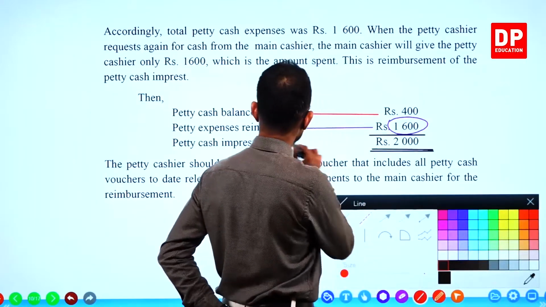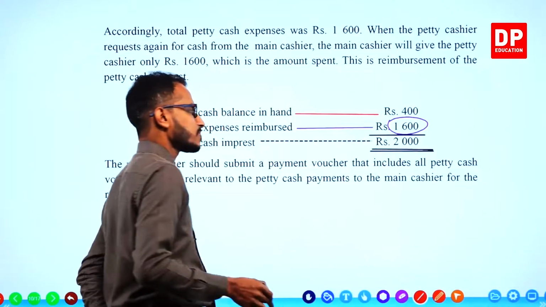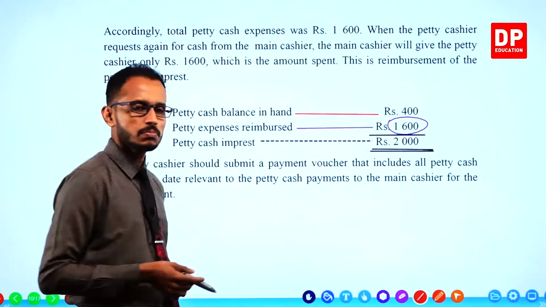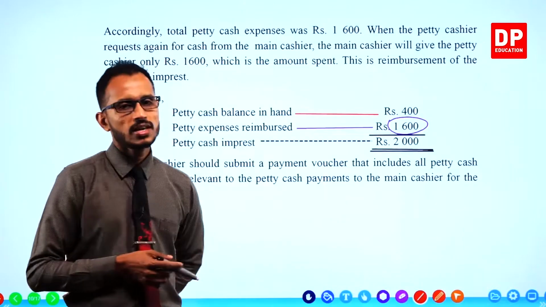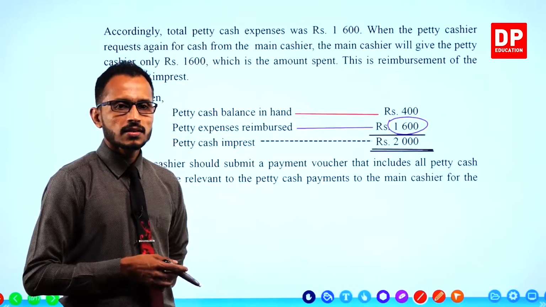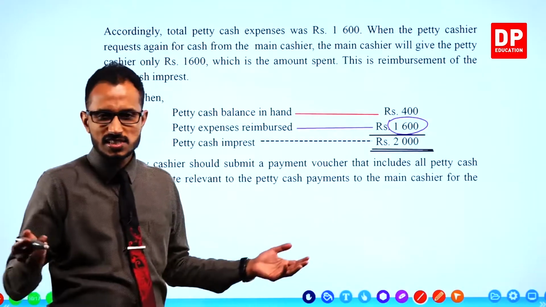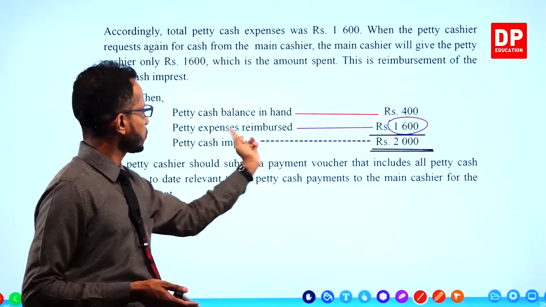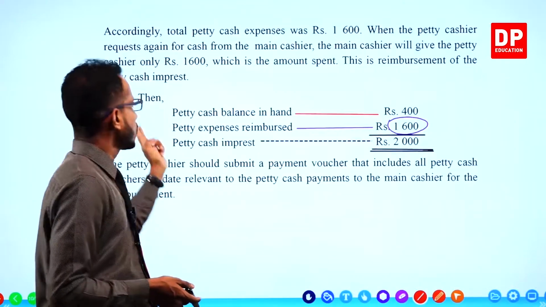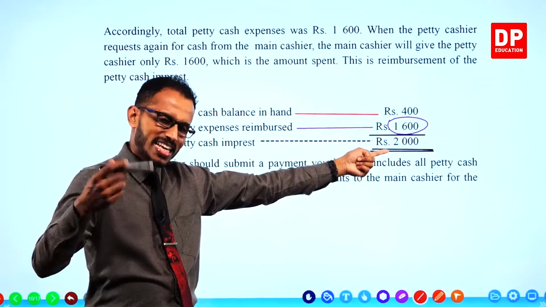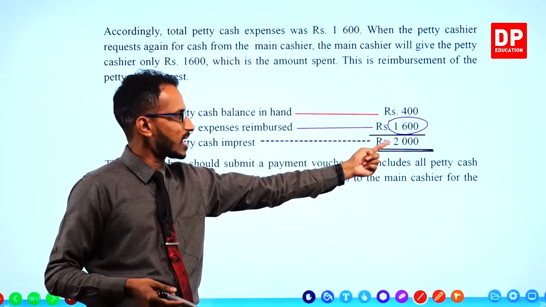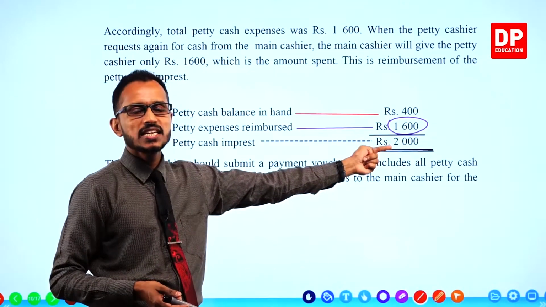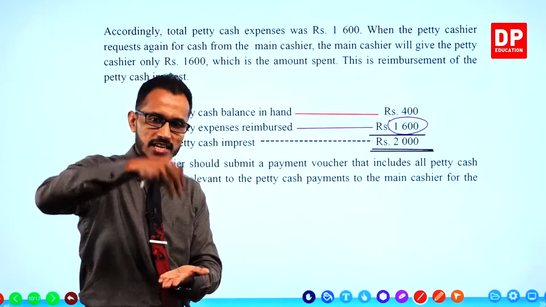Is this so hard to understand? No, very simple theory, very simple calculation. Petty cash balance, petty cash reimbursement, to start the next month: impressed, reimbursed, or refilled.